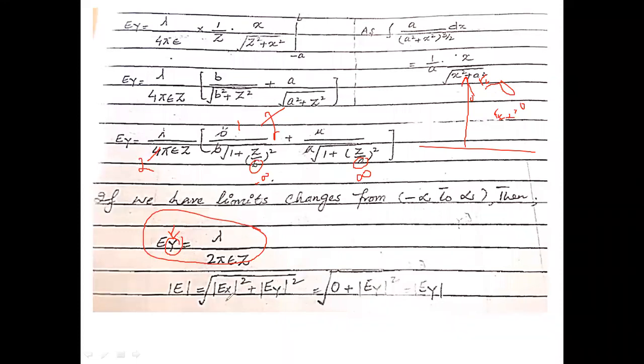If you want to find the absolute value, the magnitude, E absolute is equal to the square root of Ex square plus Ey square. As Ex is equal to 0, the square will be cancelled out with the square root, so we are left with E equal to Ey, and that will be equal to lambda over 2 pi epsilon z.